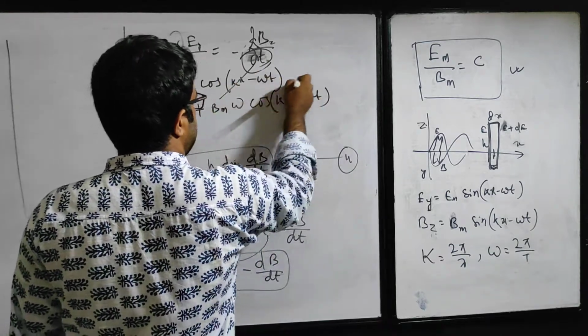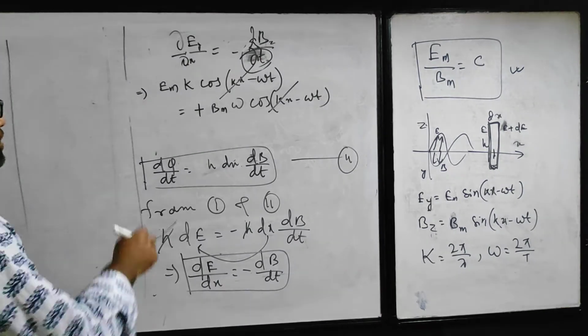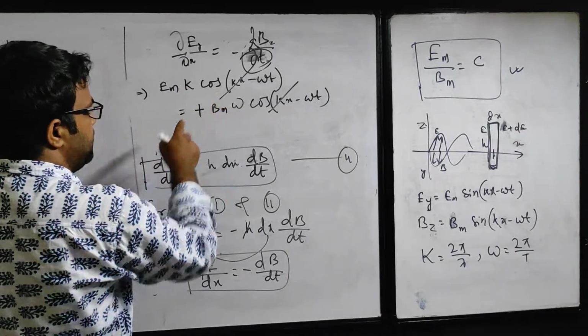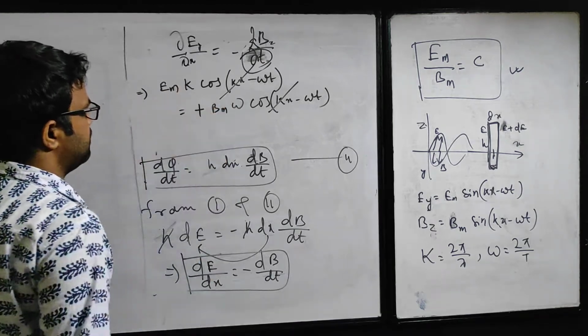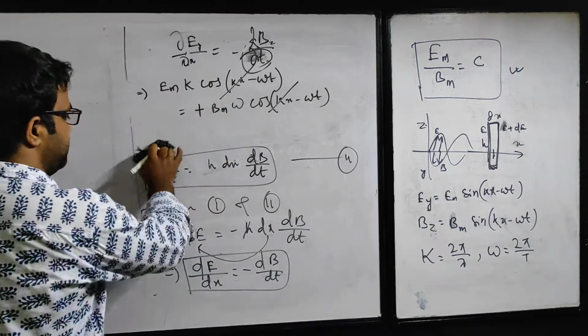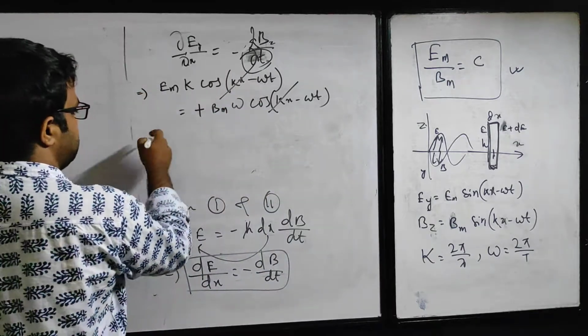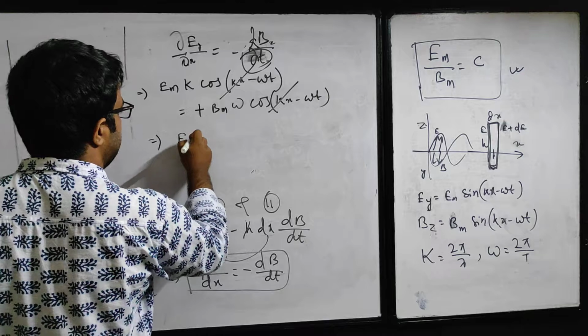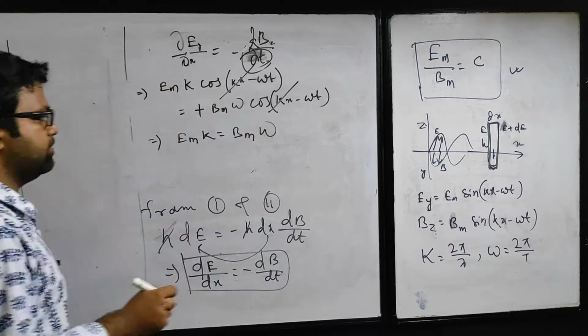So cos kx minus omega t will cancel out. Omega upon k. So what we are getting here? We are getting EM k equal to BM omega.